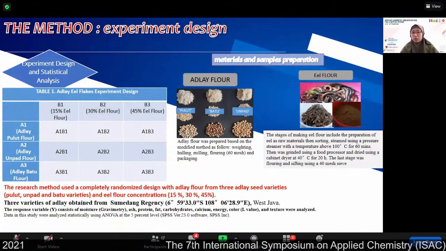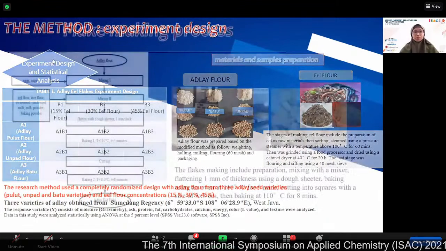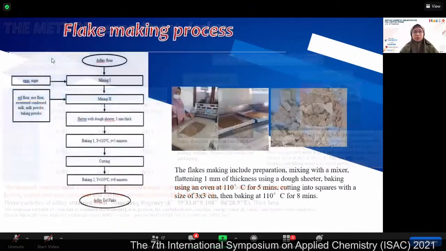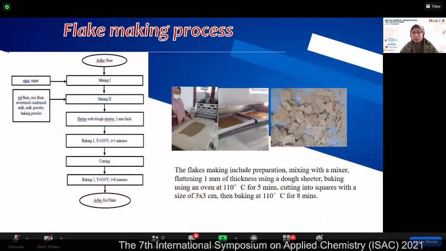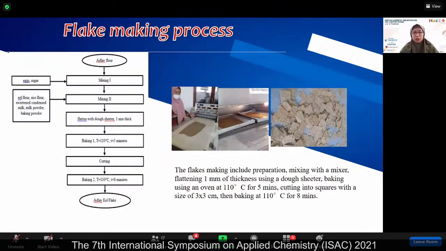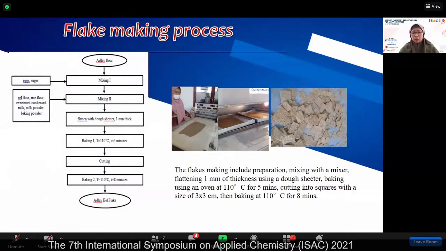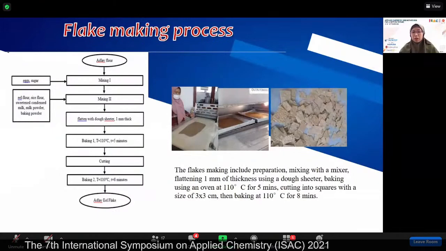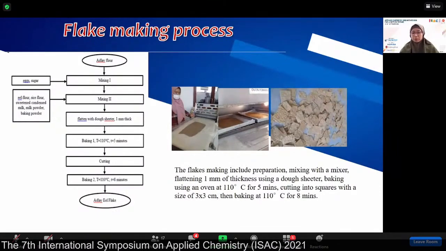The last stage was flouring and sifting. The flake making includes preparation, mixing with a mixer, flattening with a dough sheeter, and baking using an oven at 110 degrees Celsius for 5 minutes, and then cutting and then baking again.